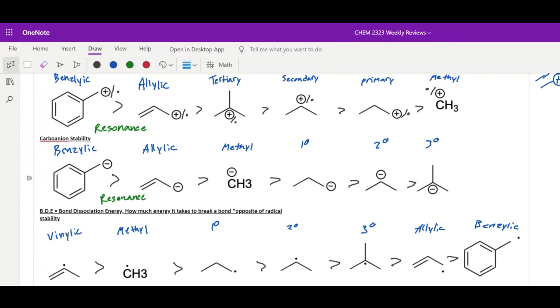Stability and energy have an inverse relationship. Okay? And that statement is not an end-all be-all because chemistry is subjective, and depending on what you're looking at can change the statement.